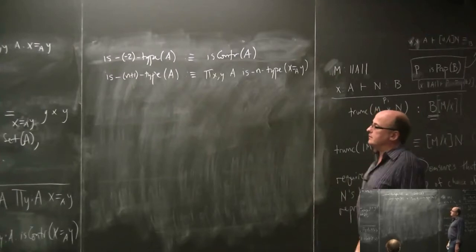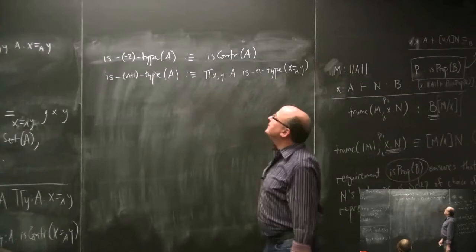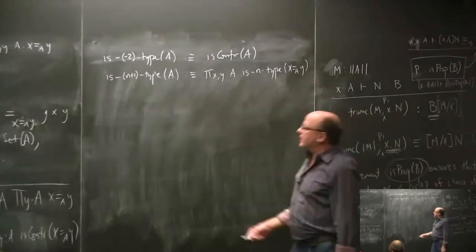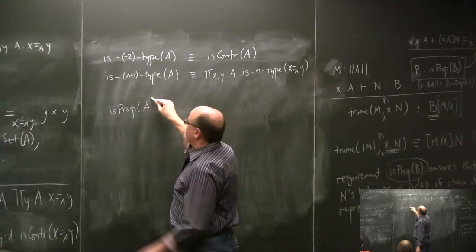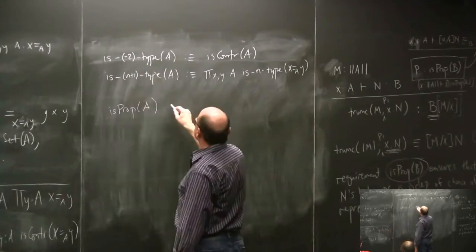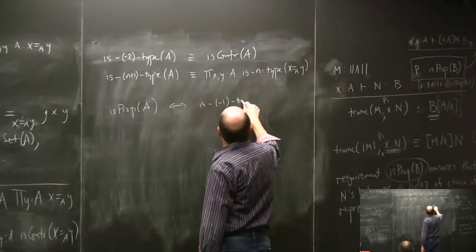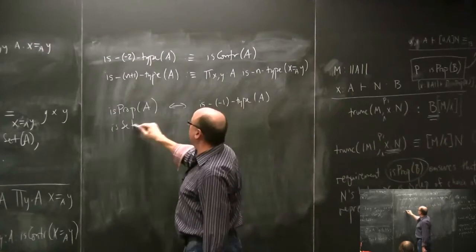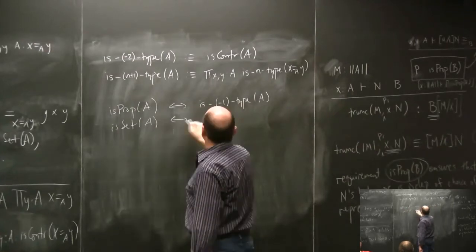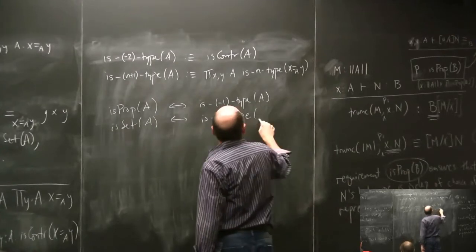So this is defined inductively, except that our base case is -2. Okay? And so if you work it out, you'll see is-prop of A modulo this lemma is the same thing as is a -1 type of A, and is-set of A is the same thing as is a 0 type of A.